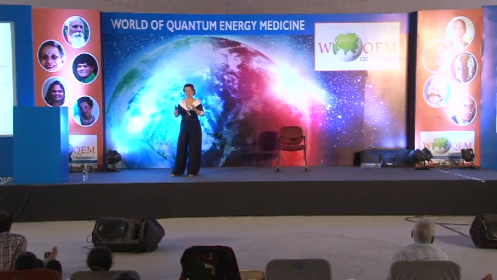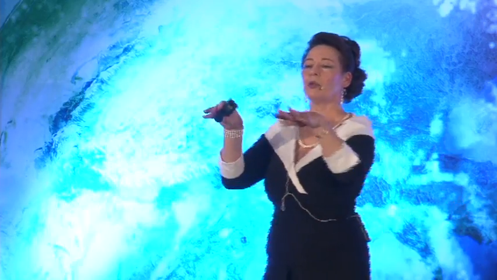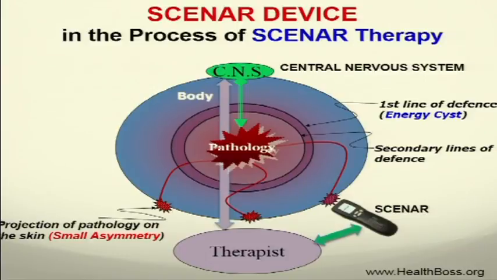So it can't deal with it, let's isolate it. So the body builds kind of informational and energetic barriers around the pathology. It surrounds it with energetic walls. So it's isolated energetically and informationally from the rest of the body, sometimes even physically. We call it energy cysts for simple understanding.